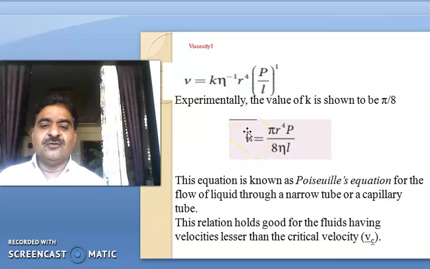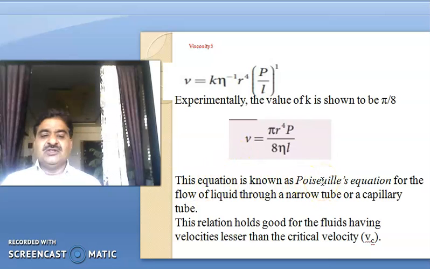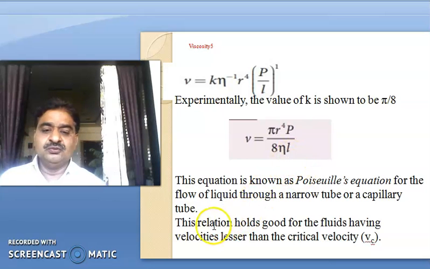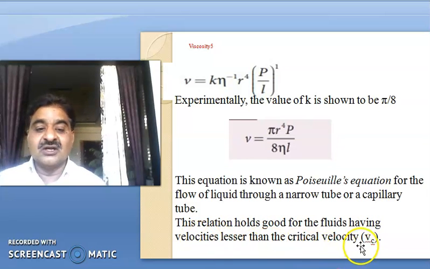So this equation is known as Poiseuille's equation for the flow of liquid through a narrow tube, or we say capillary tube.